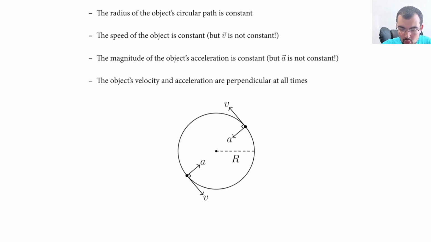So we can see why this has to happen, because acceleration is the direction of velocity change. So if the acceleration was directed anywhere parallel to the velocity, the vector would get longer.